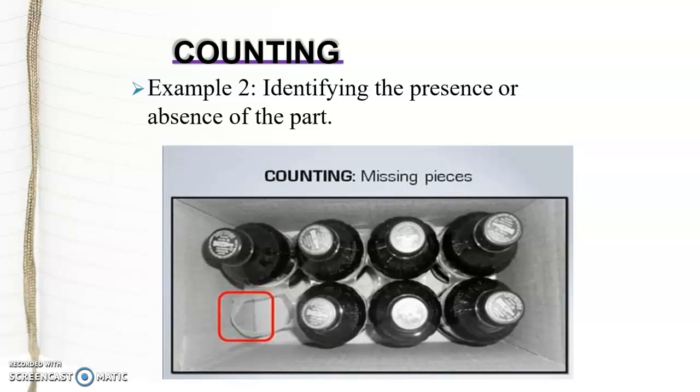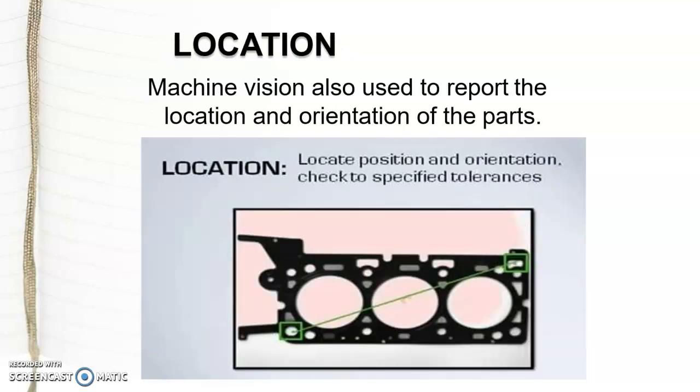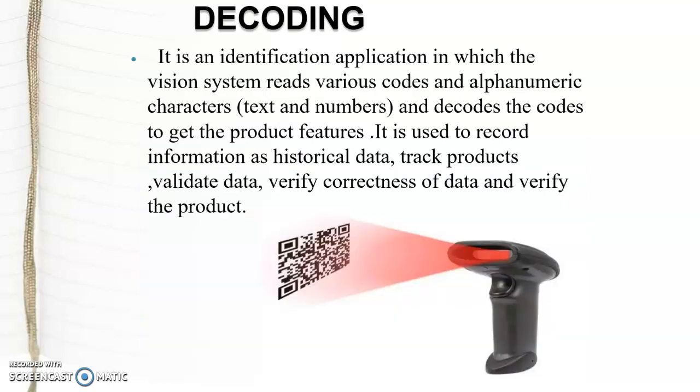Here it is identifying the presence or absence of a part. And in location, here the machine vision is used to locate the position and orientation of holes. As in this picture, the example is a gasket which is used on an engine cylinder.